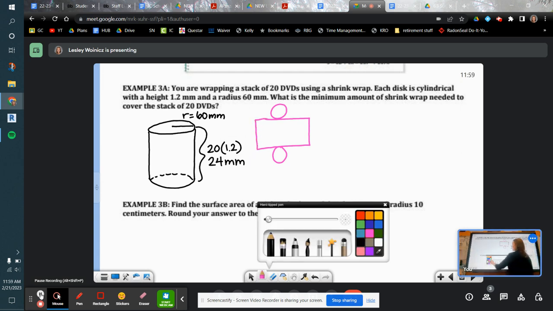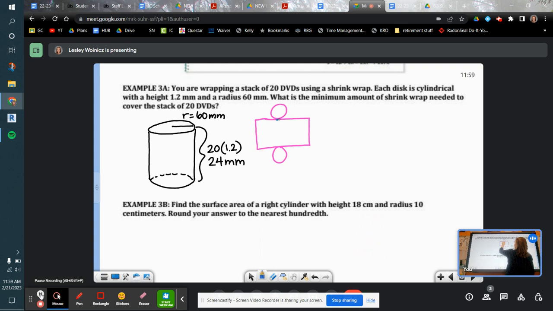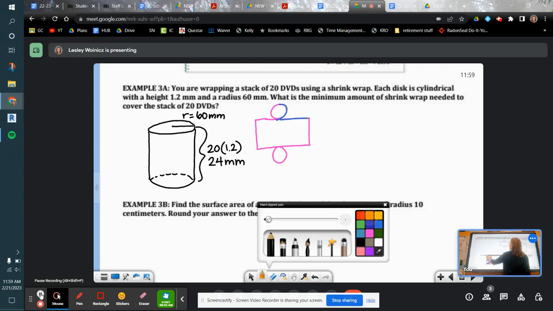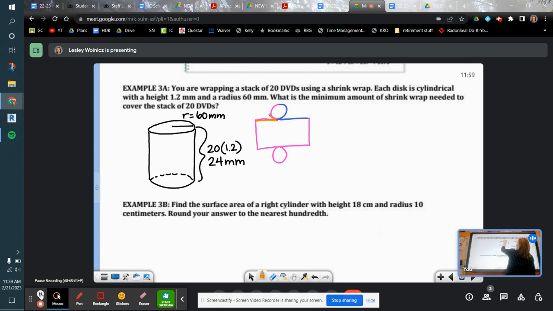Do you see that this rectangle has to go around the circle? So the length of that rectangle is the circumference of our circle.